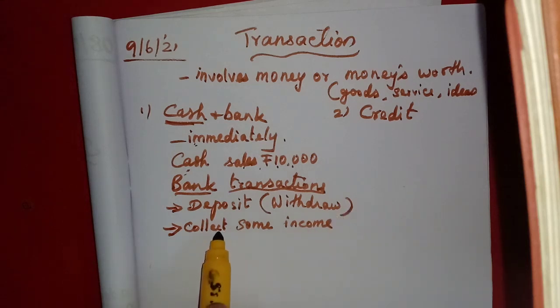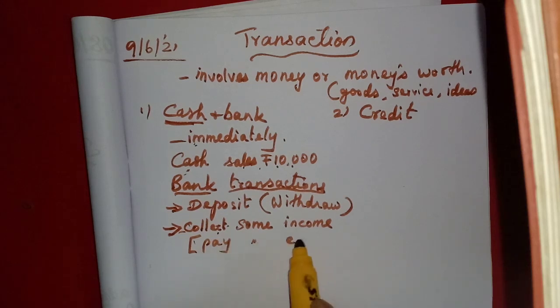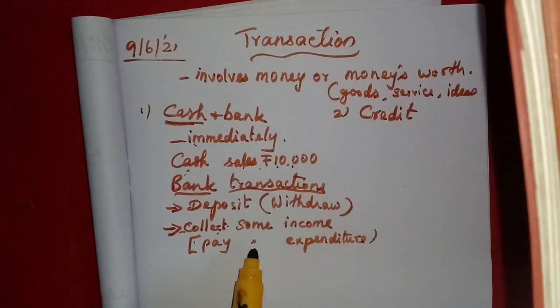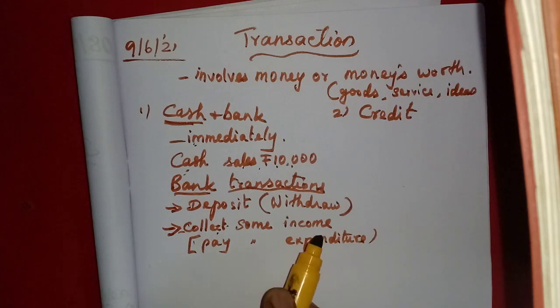Some of our interest on investment may also be collected by the bank. The opposite: the bank may pay any expenditure, for example electricity charges or any insurance premium, as per our standing instruction.